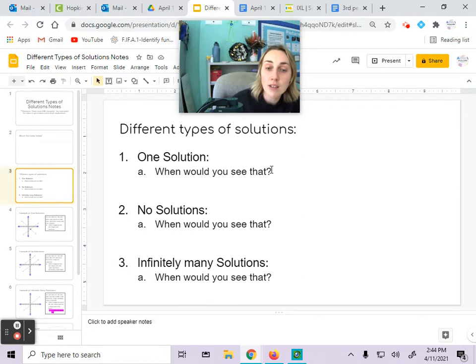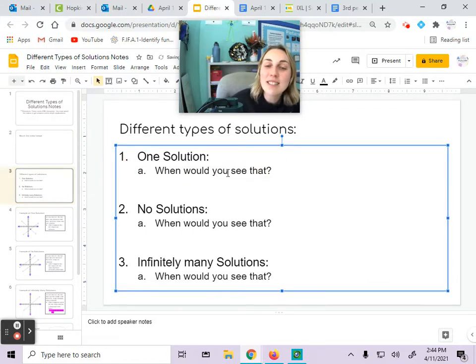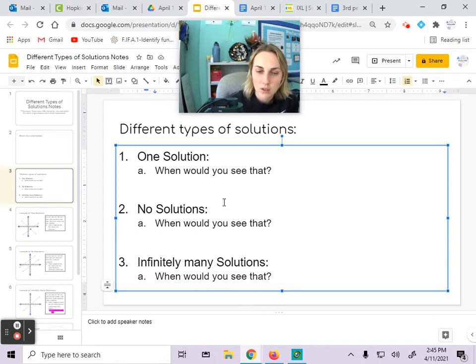So the first one is one solution. We've already figured that out. When you graph two equations, you found that there was one point where they both met up. Therefore, there was one solution. So when would you see that?